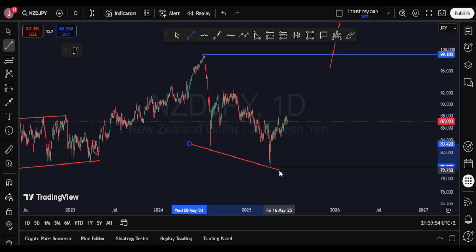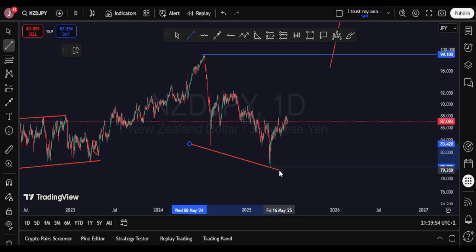Or if it does break out and you miss the aggressive push, just wait for a smaller continuation pattern. Same patterns I trade all the time, and enter at the breakout, ladies and gentlemen. So that's the first probability we have for the buy.